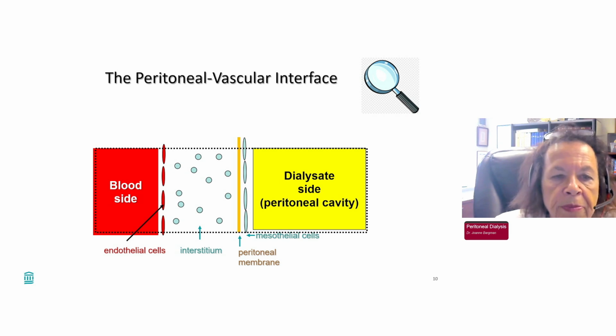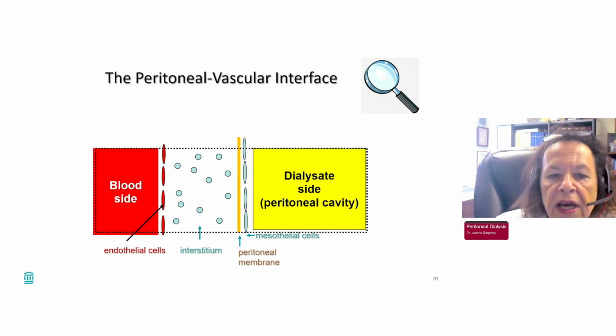So here is a more magnified view of the interface between the dialysate compartment on the right and the blood on the left. And now we can see that there are more layers. Going from left to right, on the blood side, there are endothelial cells that line the capillaries of those blood vessels. Then there's interstitial tissue. Then there is the peritoneal membrane. Then lining the peritoneal cavity are mesothelial cells.